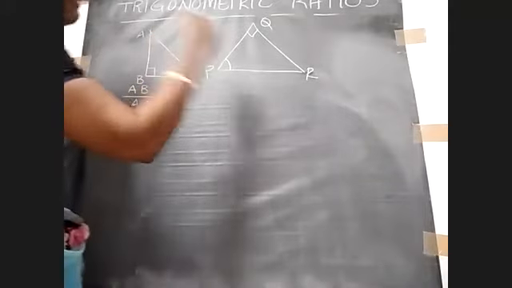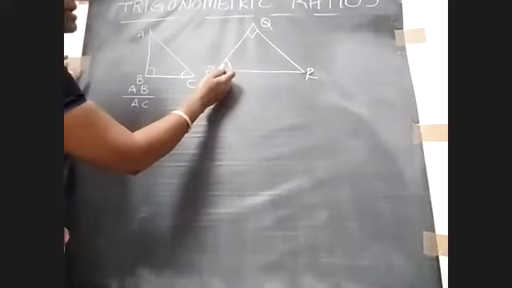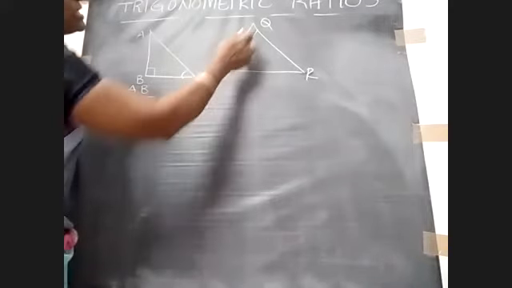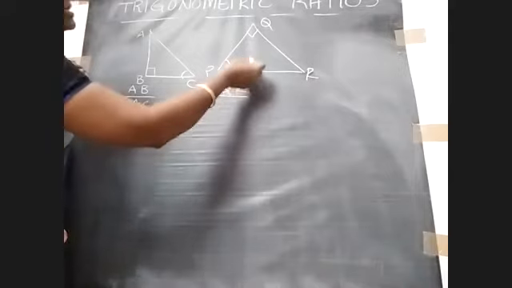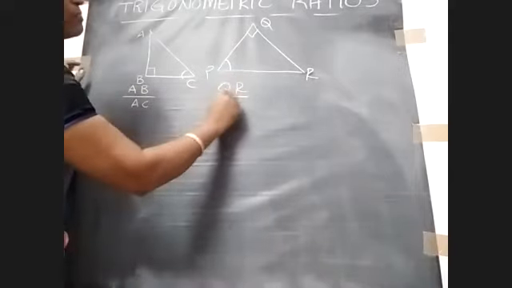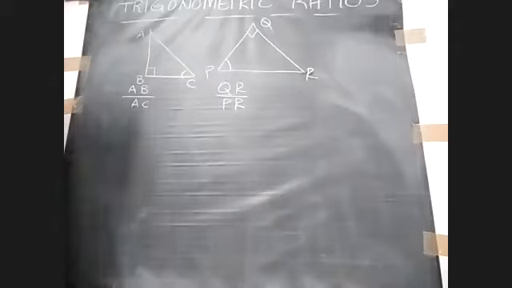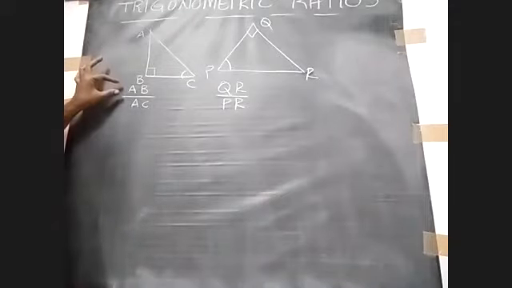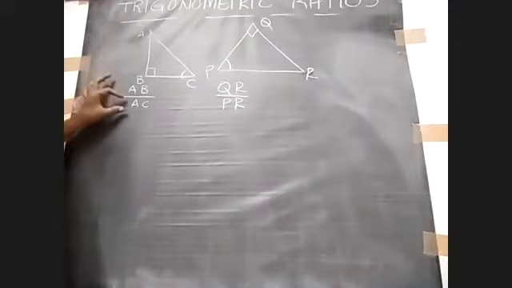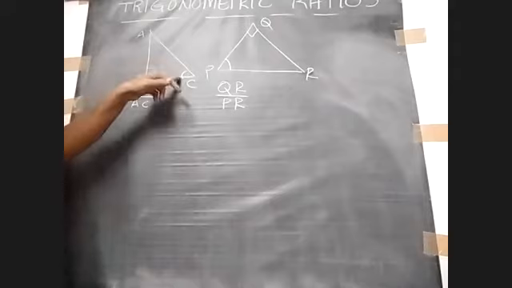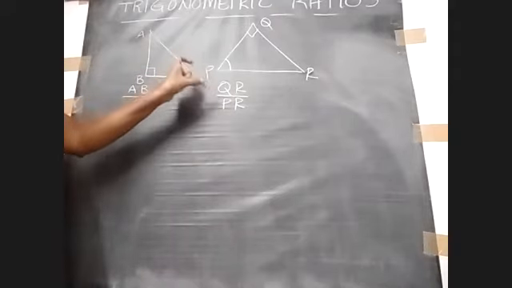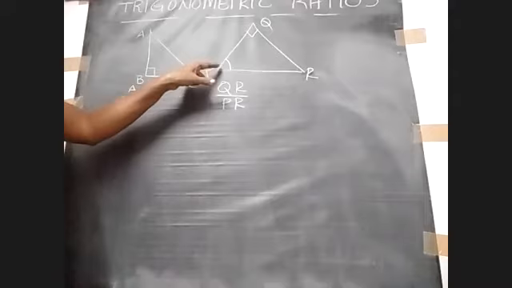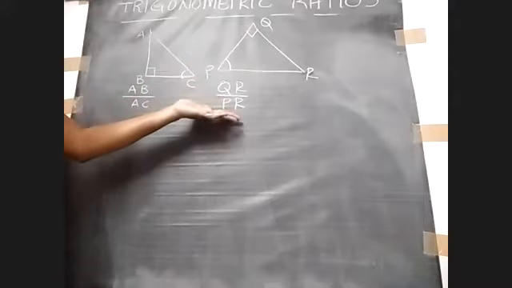Next, if we find the same for angle P, the opposite side here is QR divided by the hypotenuse PR. So this is the ratio between the opposite side and hypotenuse for angle C, and this is the same ratio for angle P.